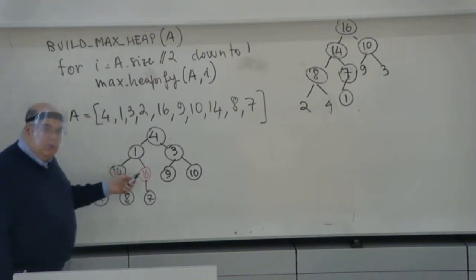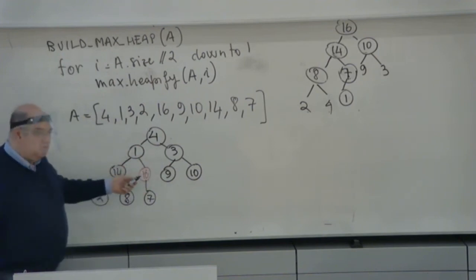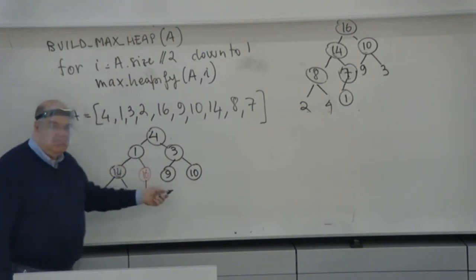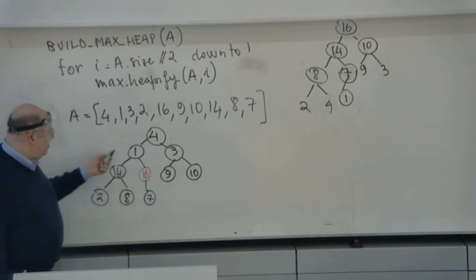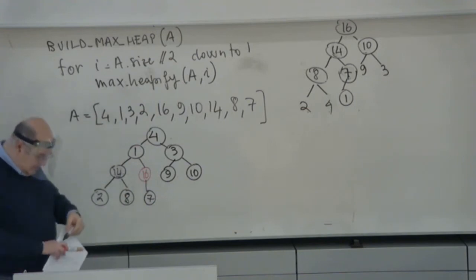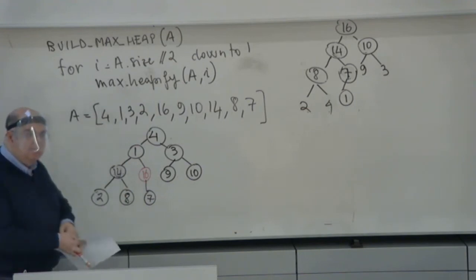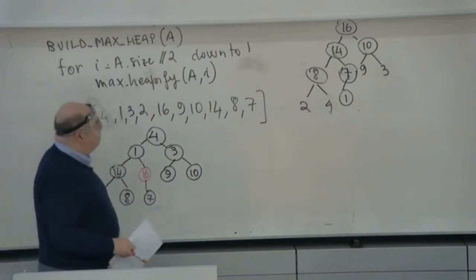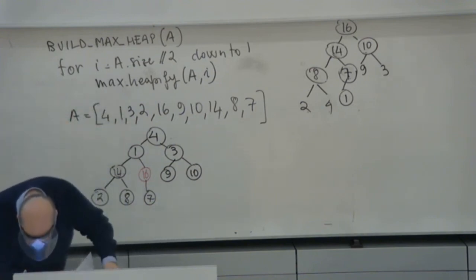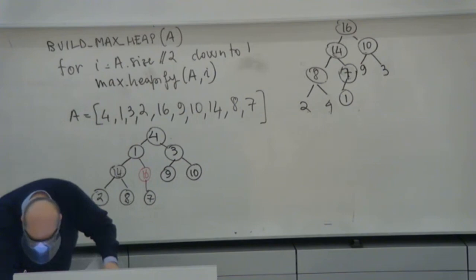You are starting at a point, not at the end, because it's useless, as all the leaves are already maxipified. So you start from the middle of the tree, and then you go up. That is the way it goes. True, I missed the recursive part.